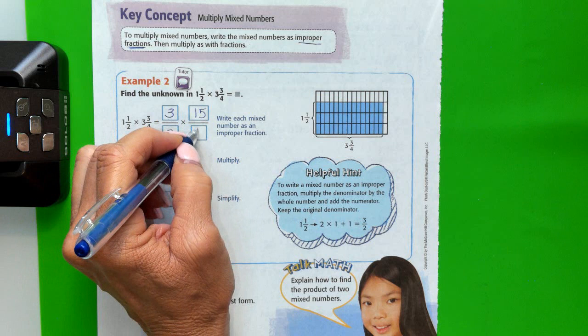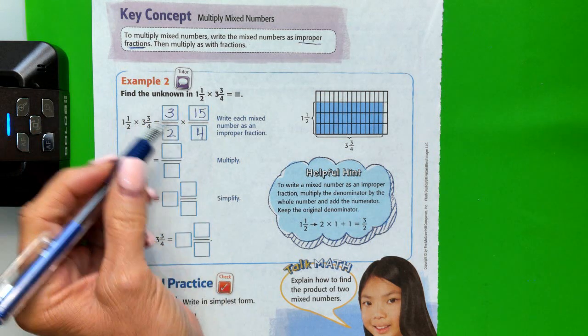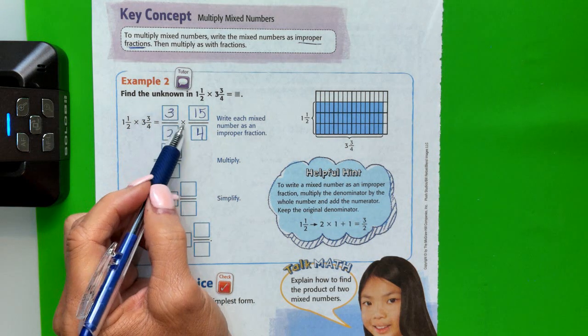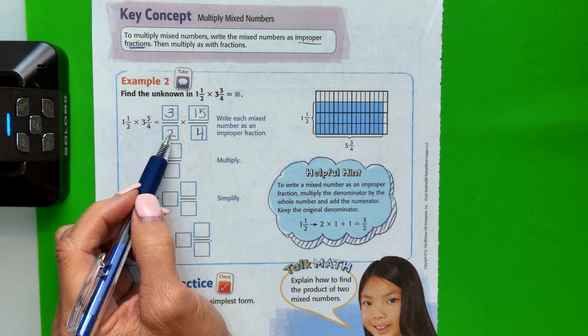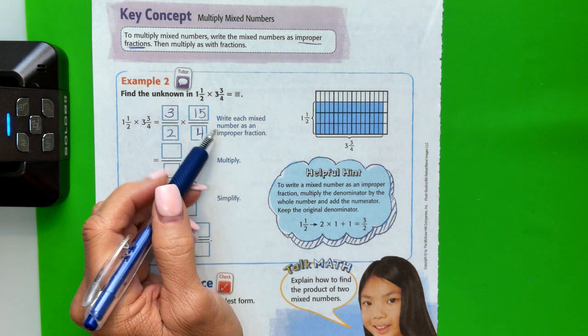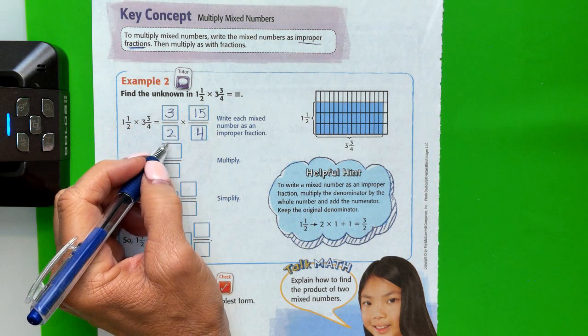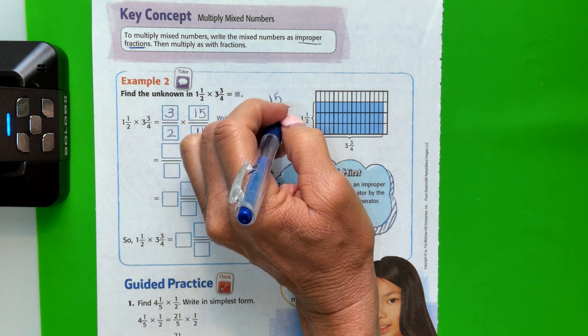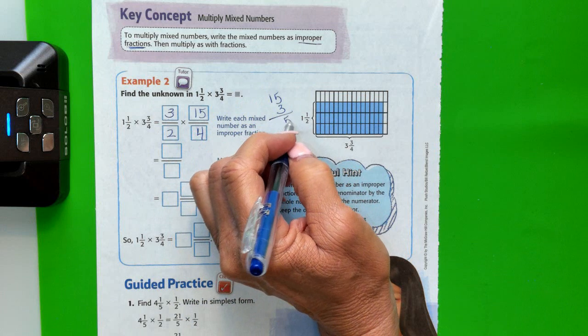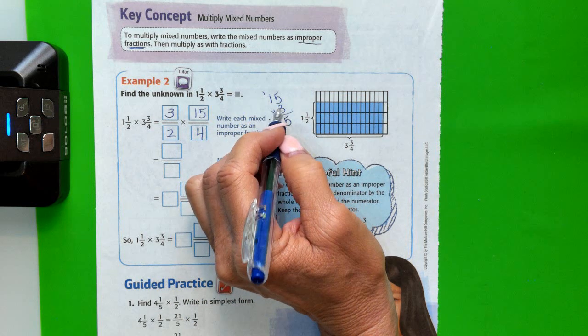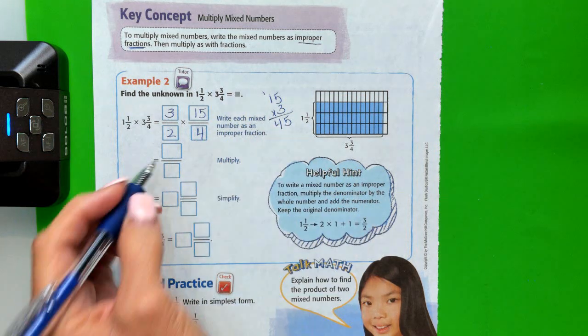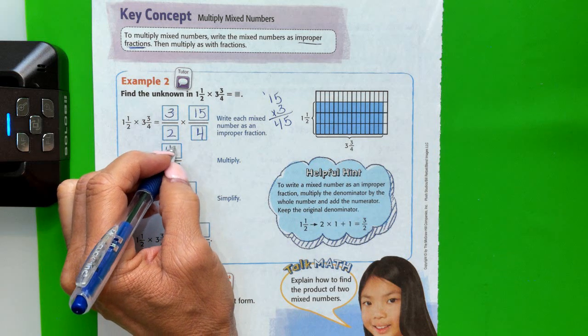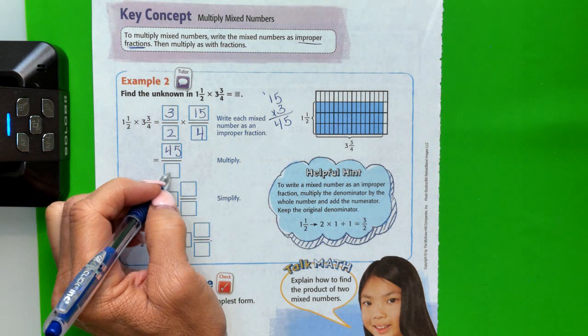And our denominator is 4. So 3 times 15 over 2 times 4. Well, 3 times 15, well, let's just do it. 5 times 3 is 15. 3 times 1 is 3, plus 1 more is 4. So that's 45 over 8.